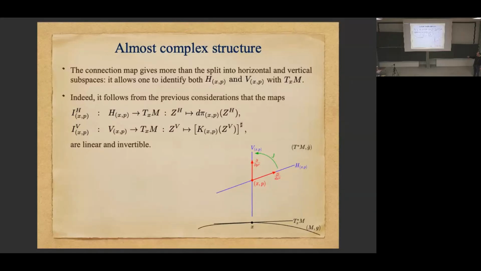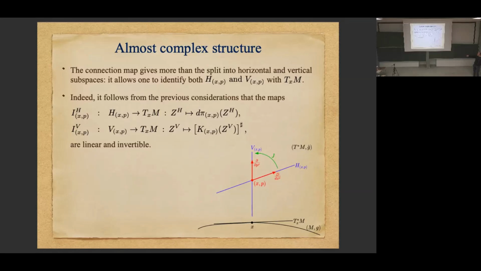Okay, and so this is very simple. You just introduce this map IH, which goes from the horizontal space to the tangent space, so you take a horizontal vector and you project it with d pi. Okay, so this is invertible, because remember that ZH is in the kernel of K, but not of d pi.